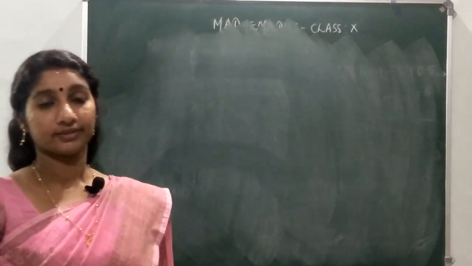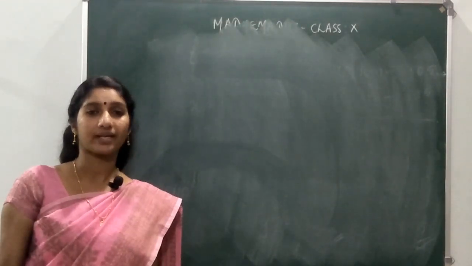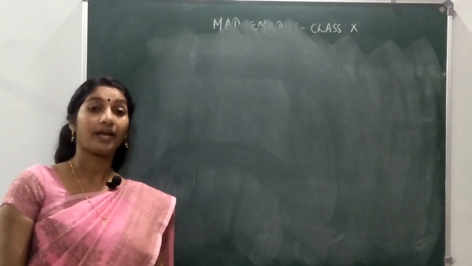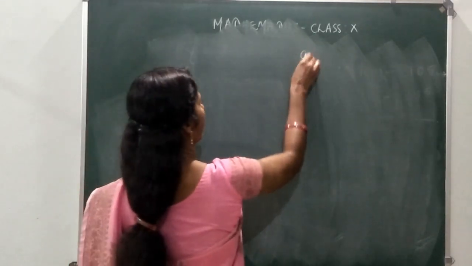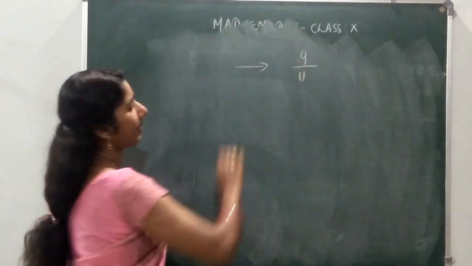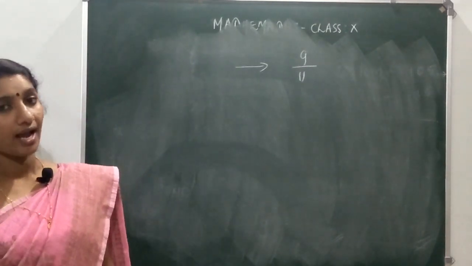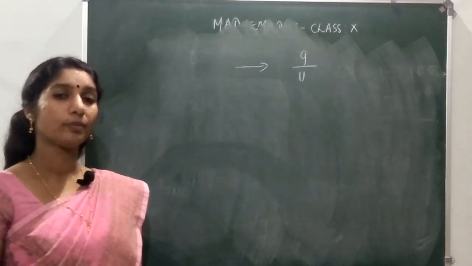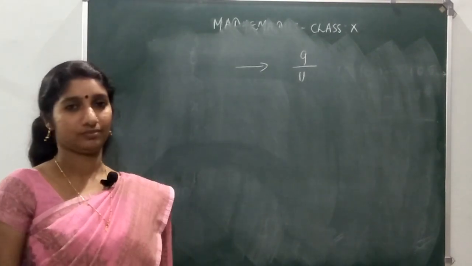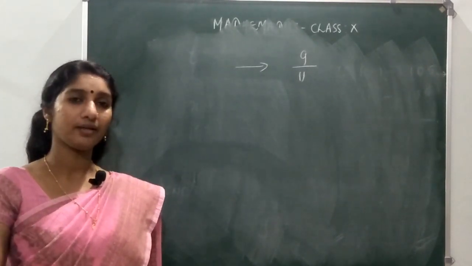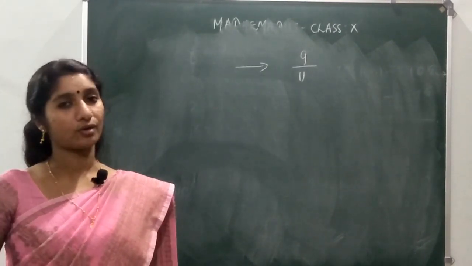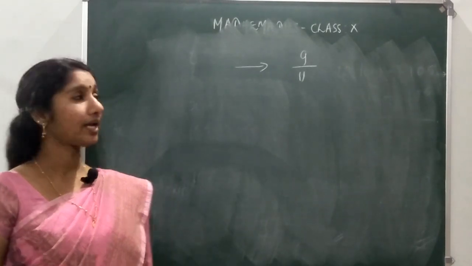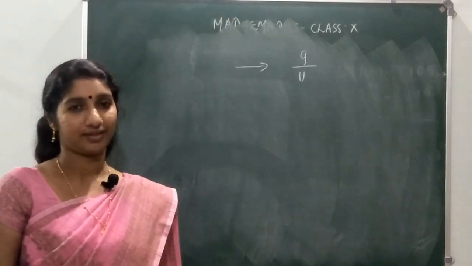It is given: a fraction becomes 9 by 11 when we add 2 to both the numerator and denominator. So numerator adding 2, denominator also we are adding 2, that time the fraction becomes 9 by 11.